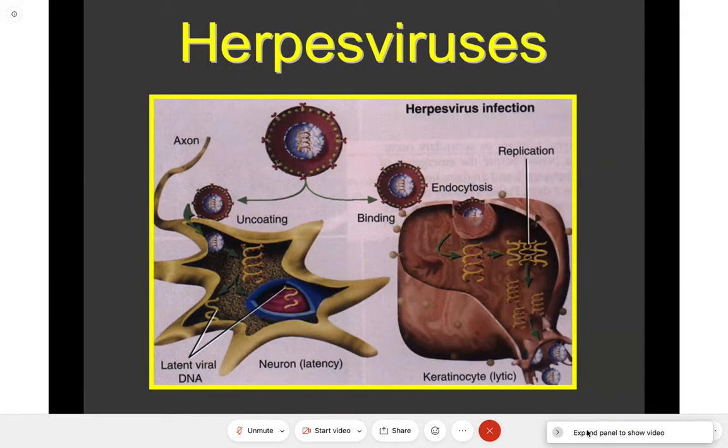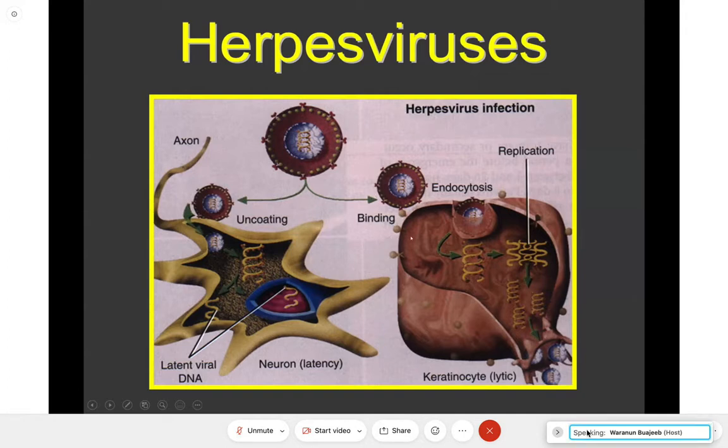After the herpes virus enters our keratinocyte by endocytosis, it induces replication in the cell, and after that the cell breaks down and the viral particles can infect other keratinocytes.